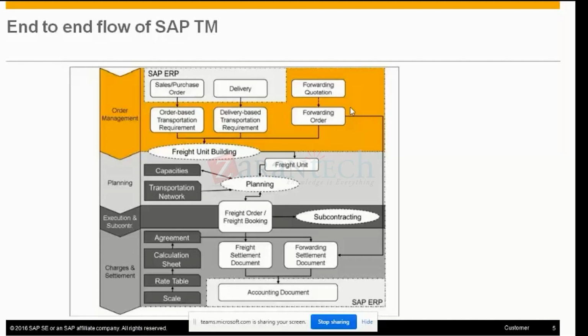The differentiation into 2PL, 3PL and so on depends on what functions they perform. 2PL means the LSP companies directly execute transportation and logistics processes for others using their own capacities and capabilities, that is, their own fleet and storage capacity. That's why sometimes 2PL is also called a carrier.